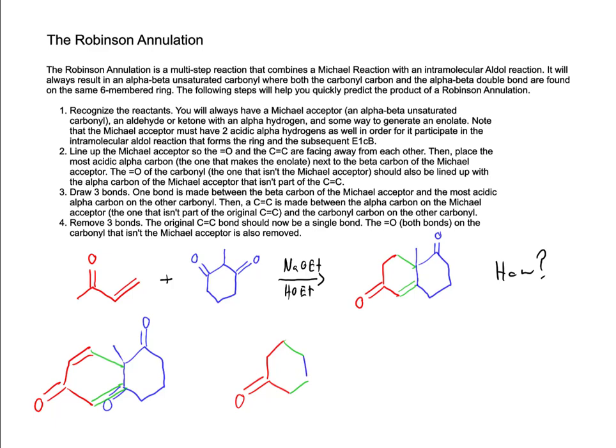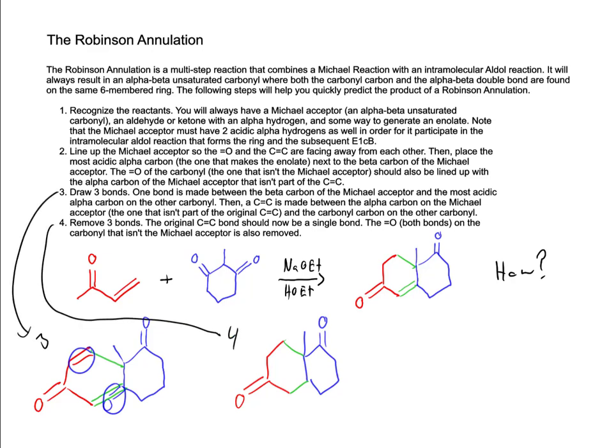And you can see here that we have gotten rid of this bond right there, and we've also gotten rid of this double bond O. So again, this is step 3 right here, and then this right here is step 4. Let me erase those 3 bonds.